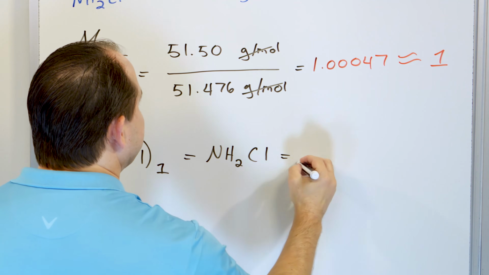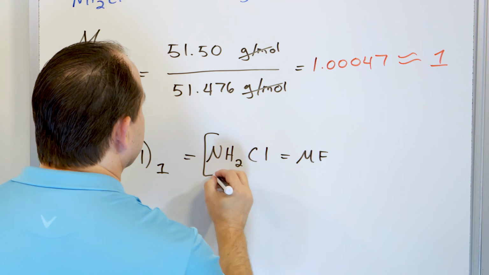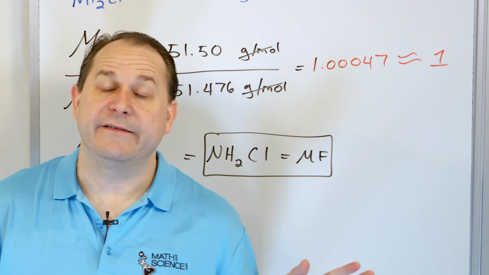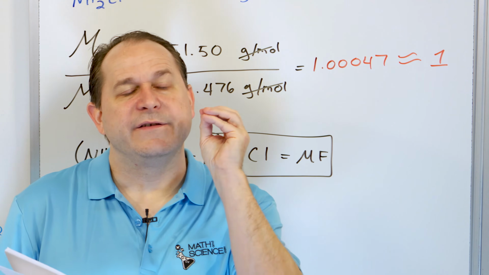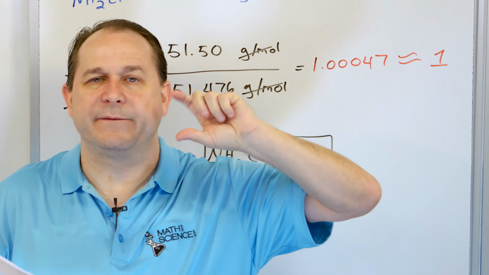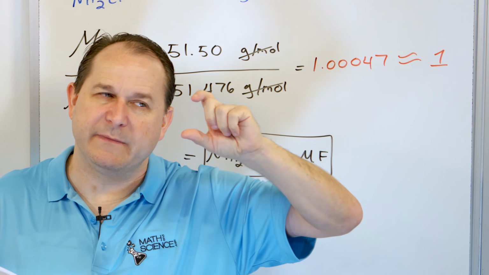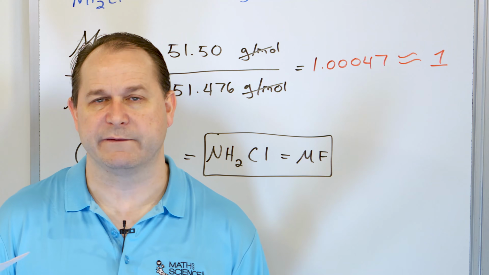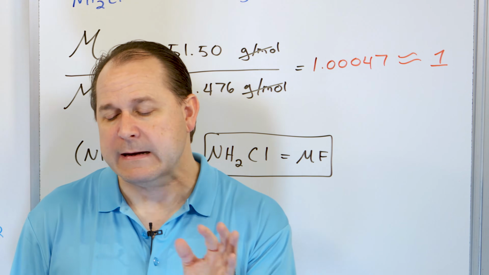And this is the molecular formula. So I'll circle this, the molecular formula. In this case, the molecular formula and the empirical formula are exactly the same thing. All right? So in both cases, we needed to figure out some multiplicative constant to multiply the subscripts of the empirical formula to get to the molecular formula. That's the moral of the story. We're going to do more problems like that.